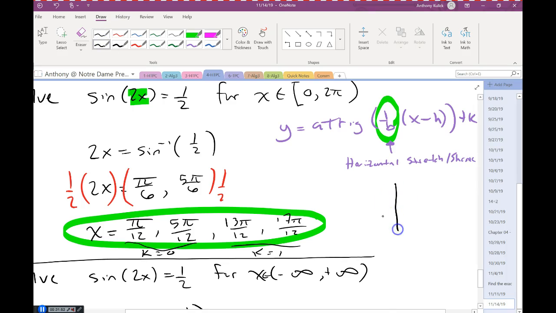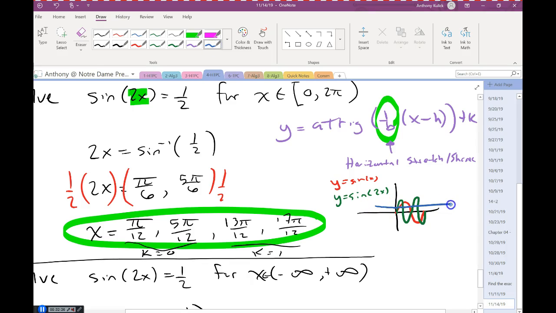So what's happening is, if this is our graph for, say, sine of x, and say the green is the graph for sine of 2x, oops, I wrote that wrong. That's supposed to be this. This graph is going to look like that.